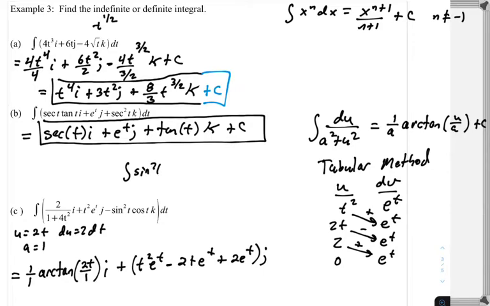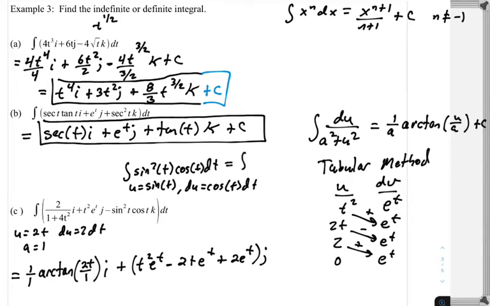And the last one we're going to integrate is the sine squared of t and the cosine of t dt. So this is a trigonometric integral. It's a simple u substitution problem. So you might have seen it at the end of Cal 1, and you'll definitely see it in Cal 2. So u is going to be sine of t. Then du, differential du, is going to be cosine of t dt.